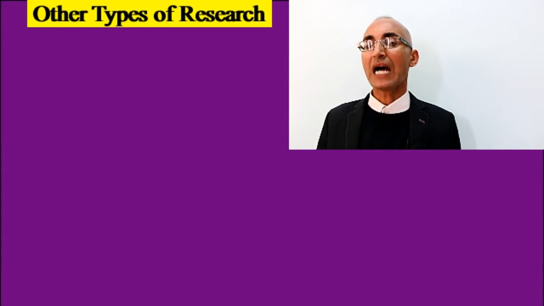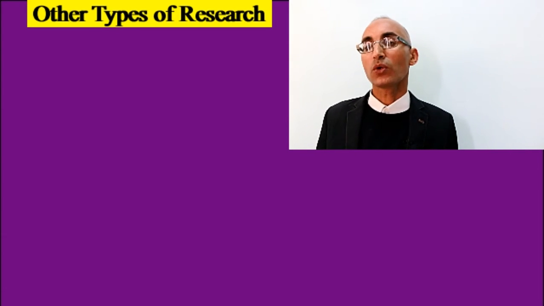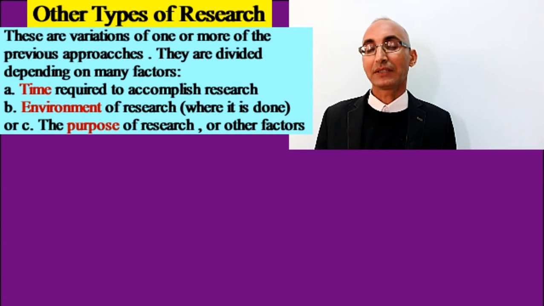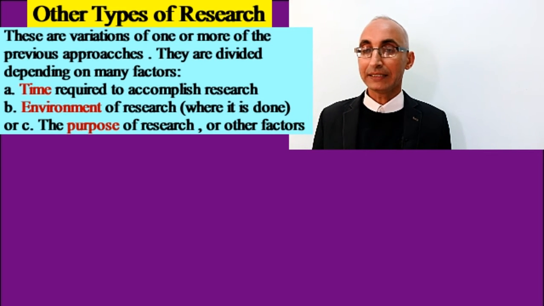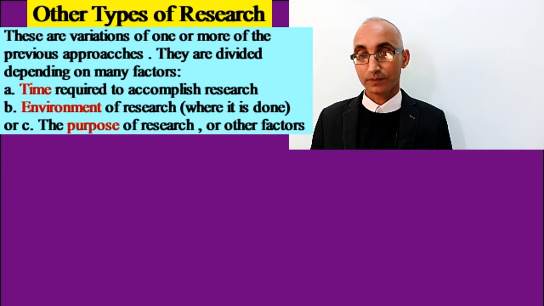There are also many other types of research which represent variations of one or more of the previous approaches we have highlighted together. These types are also divided depending on certain factors. Mainly, the time required to accomplish research.